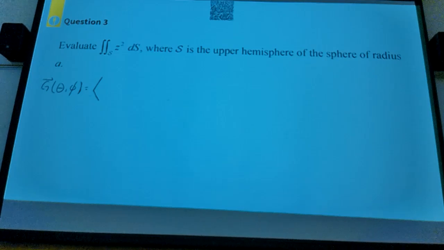we're dealing with part of a sphere, so we're going to use the parameterization of a sphere.